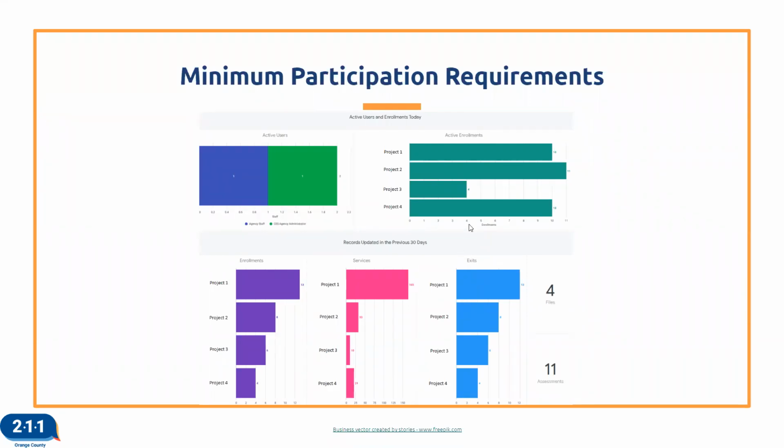In terms of the minimum participation requirements, if this active users chart is not blank, you pass the minimum participation requirement for having active users. If you have at least one agency administrator listed, you also pass. If you have active enrollments here, you pass that requirement. And then if any of these 5 have information in them, so you have data on any of these 5, then you also pass the requirement for HMIS activity.